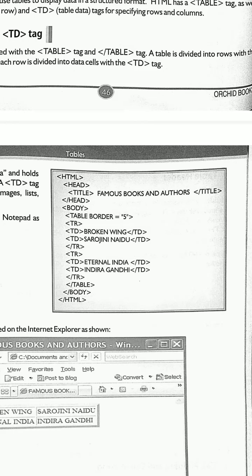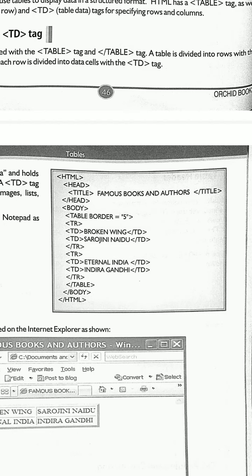So 5 pixels will be allotted to the border, and inside the tr you can see that this is a single table row, but it contains two columns. Okay, so two cells. So Broken Wing by Sarojini Naidu and slash tr, which is the end of the first row. The second row is Eternal India by Indira Gandhi. So these are all the book names and their authors.